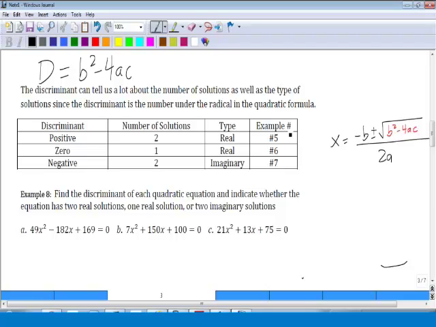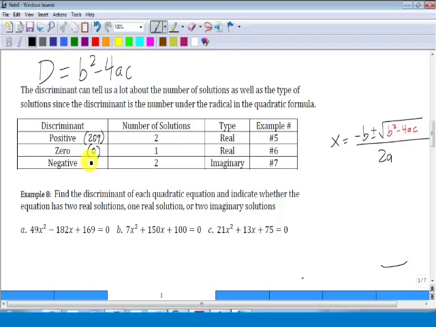So in example 5, the discriminant was 209, I think. That's what y'all said it was. We looked at it. It was 209, wasn't it? And we found the two real solutions. We put dots on the real number line to indicate where they were. When the discriminant's 0, the plus 0 and the minus 0 gives us the same real solution. So one real solution in that case.